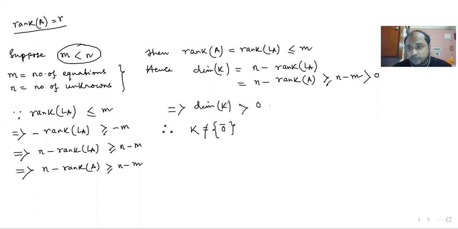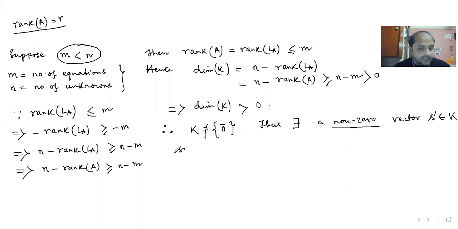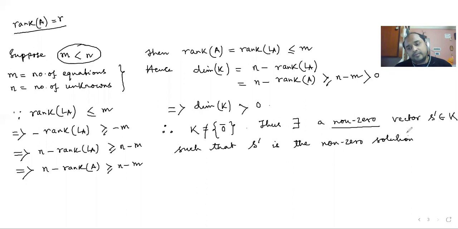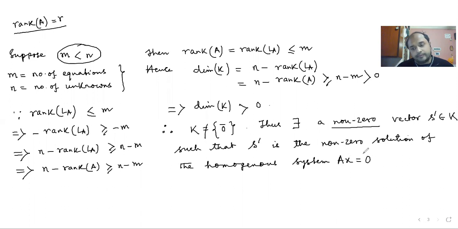Since the dimension of K is strictly positive, there exists a non-zero vector S prime belonging to capital K such that S prime is the non-zero solution of the homogeneous system Ax equal to 0 bar. Okay.